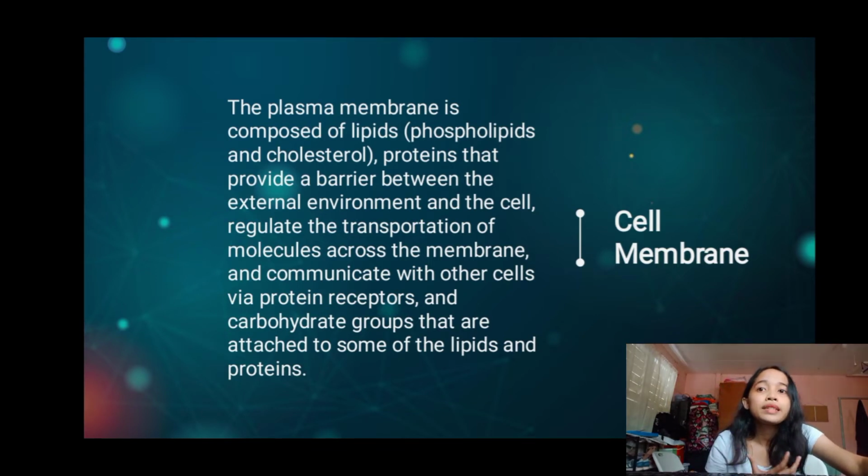While lipids help to give membranes their flexibility, proteins monitor and maintain the cell's chemical climate and assist in the transfer of molecules across the membrane. So that is the role of lipids and proteins.